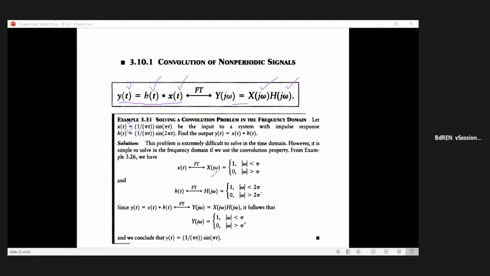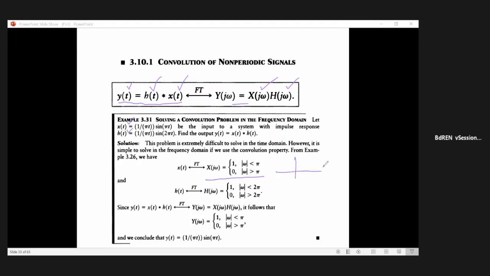You can easily find that the Fourier transform of your input signal will take this form by using the duality property that we discussed earlier. It will be a constant function of omega ranging from omega equal to minus pi to omega equal to pi.